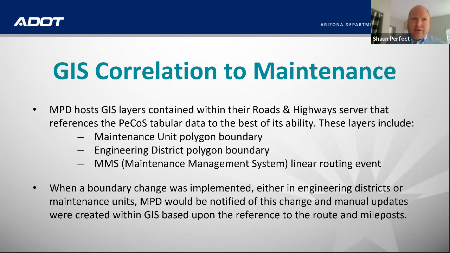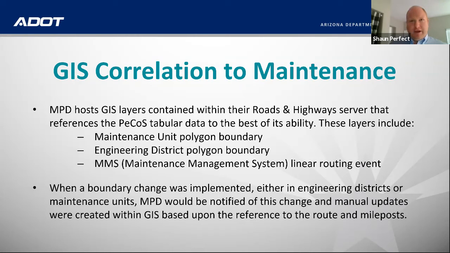So basically, what we did before was we took a boundary change that was given to us by an email that upper management sent, whoever was in charge of the maintenance districts at the time and the boundaries.